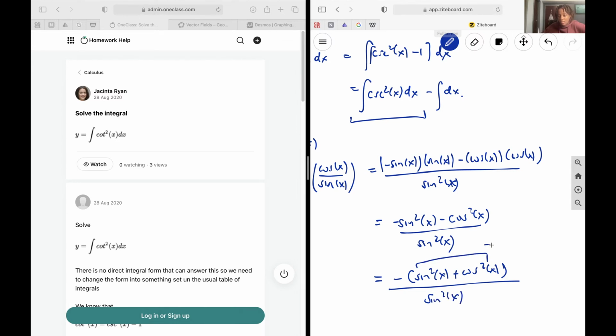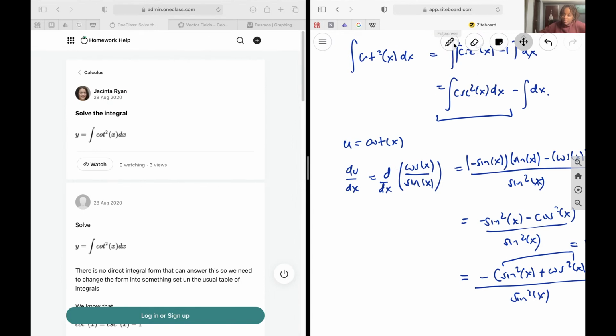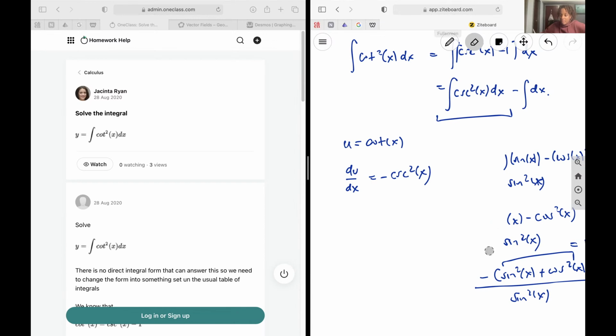This identity says that this is equal to 1. So this will become negative 1 over sine squared x, which is negative cosecant squared x. And so we have that the derivative of cotangent x is negative cosecant squared x. And we can erase all of that side work.